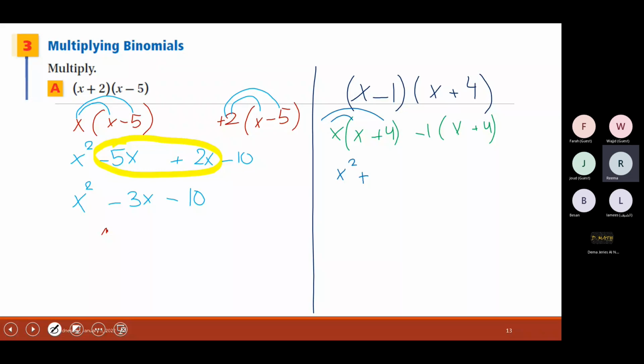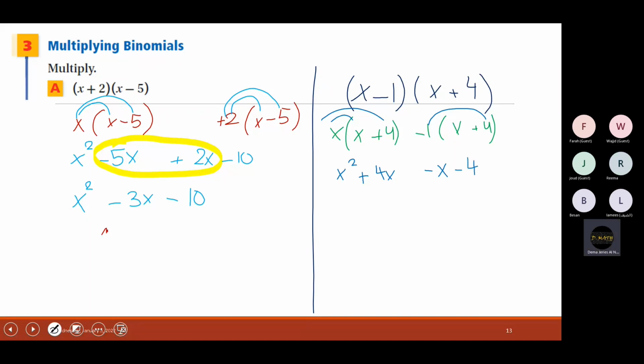Then x times 4 is 4x. Bravo. And negative 1 times x is negative x. Bravo. And negative 1 times 4 is... wait, teacher. Negative times positive. Negative 4. Negative 4. Thank you.